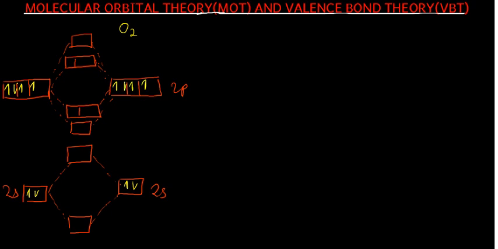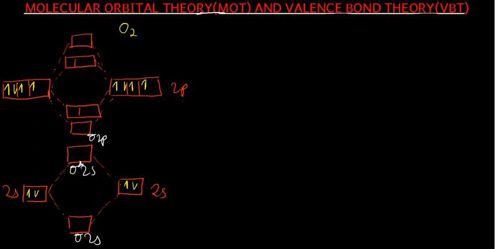Before I even fill them up, let's label the orbitals we have. This one is lower in energy, so it will be a sigma. It's coming from 2s, so it will be sigma 2s. This one is higher in energy, so it will be sigma star 2s, because it's a single one. This one here is lower in energy and it is only one, so it will be sigma, but it's coming from 2p, so it will be sigma 2p.